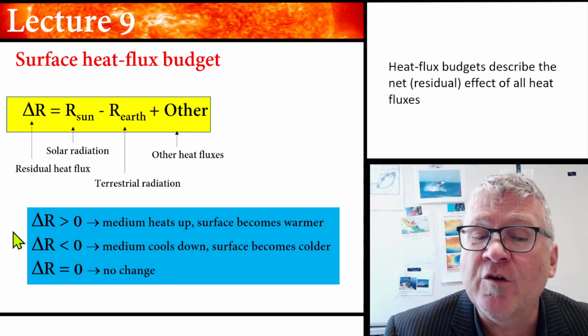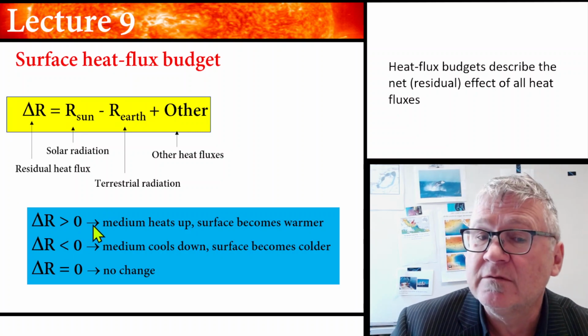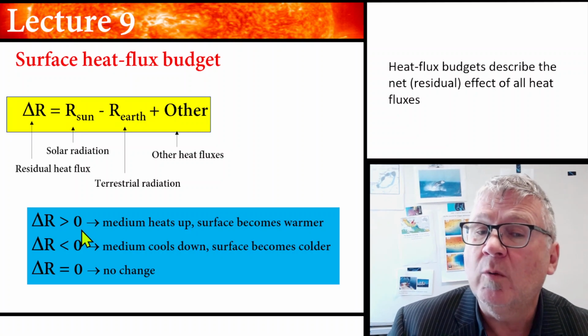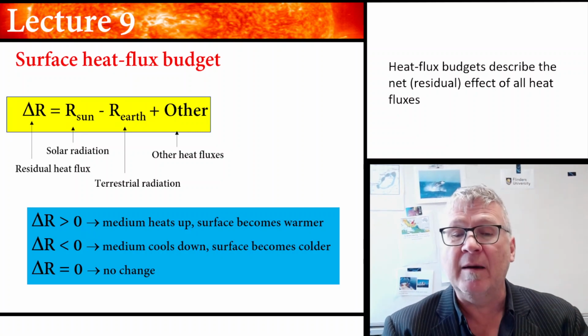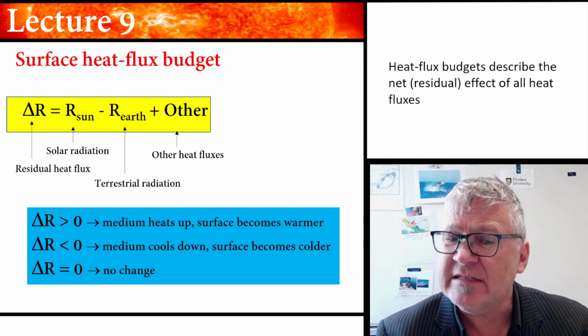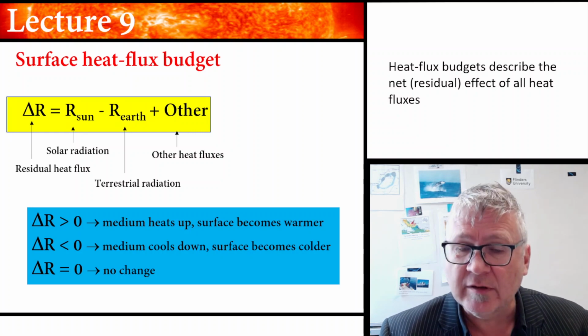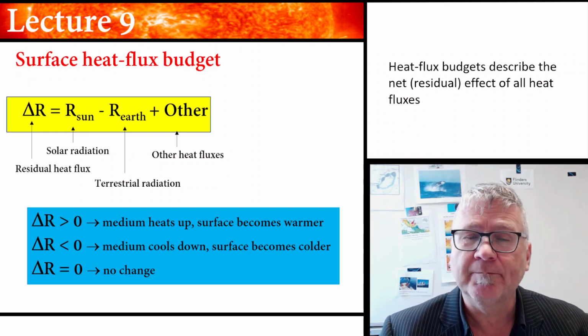So let's look first at the case where delta R is positive. It exceeds zero. What it means is that the medium heats up and the surface becomes warmer. That's easy, isn't it? If it's negative, it means that the medium cools down and the surface becomes colder.